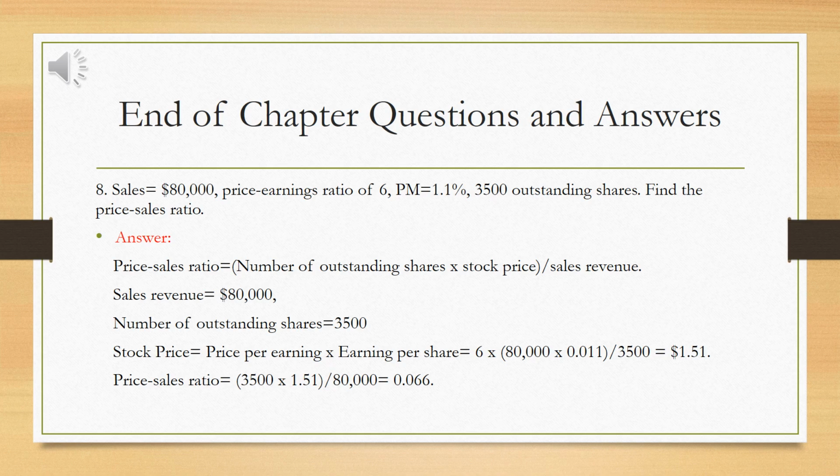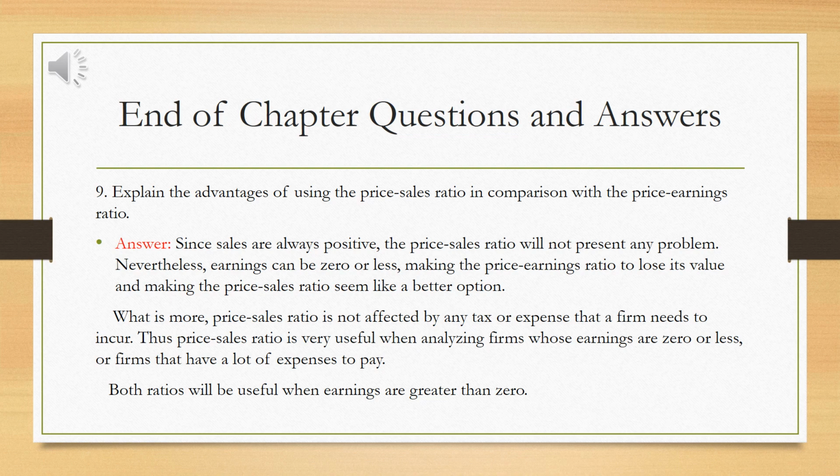Thus, stock price equals 1.51, and the price-sales ratio equals 3,500 times 1.51 over 80,000, which is 0.066.